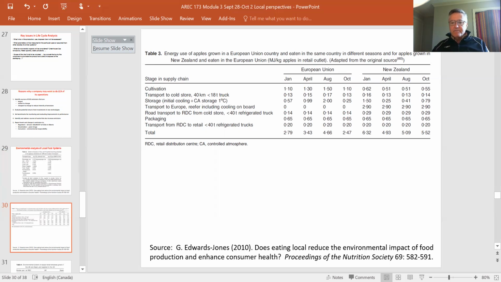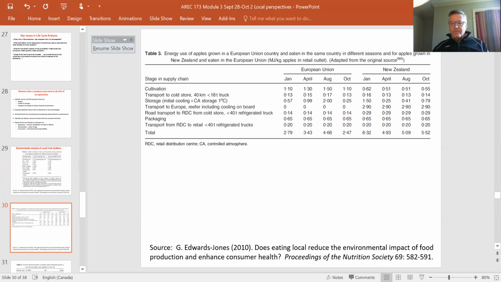If you source something from New Zealand in different months of the year, so New Zealand in January, April, August, or October, if the UK sources New Zealand apples during each month, what are the elements of energy use which are associated with that versus sourcing from the European Union in different months.